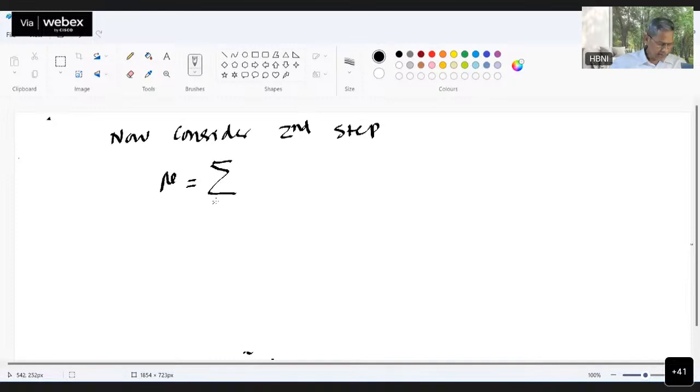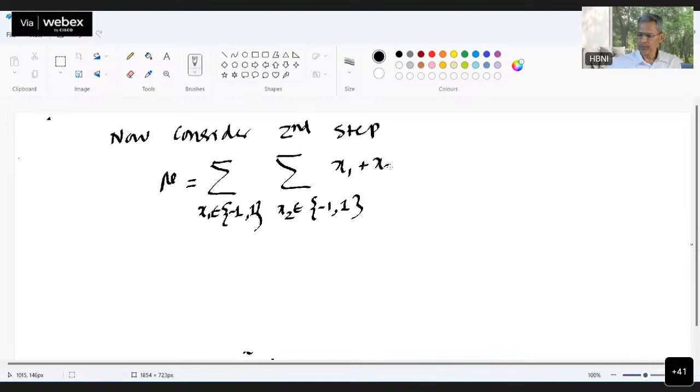This can be written like this: x1 belongs to -1 and 1, and x2 also belongs to -1 and +1. Then for 2 steps, x1 plus x2 into px1 px2.